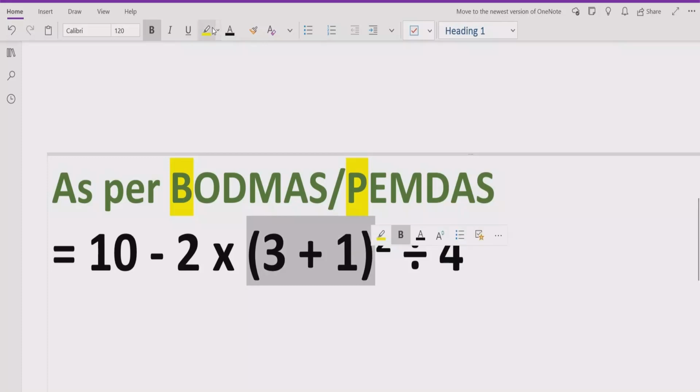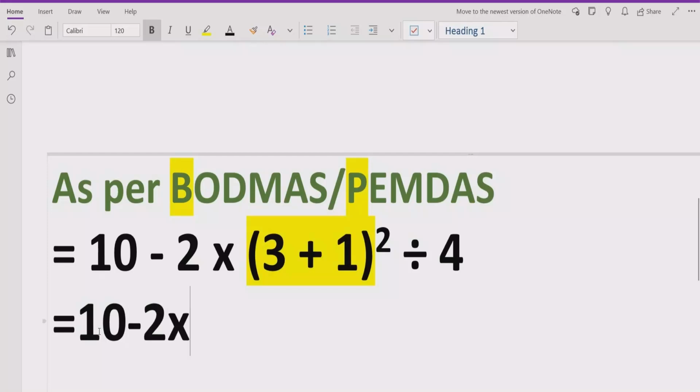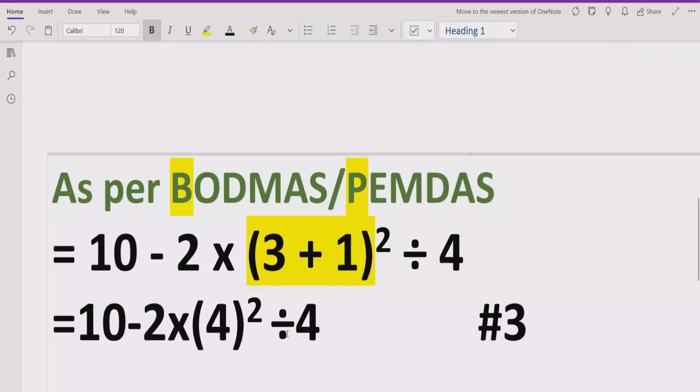So we will write 10 minus 2 multiply 3 plus 1. It becomes 4 raised to power 2 divided by 4. And here we give the reference: 3 plus 1 equals 4.